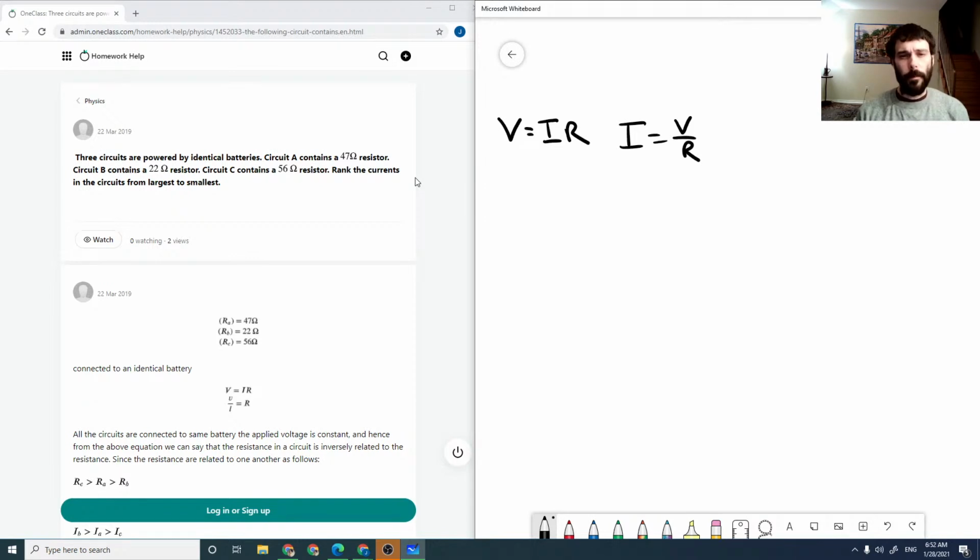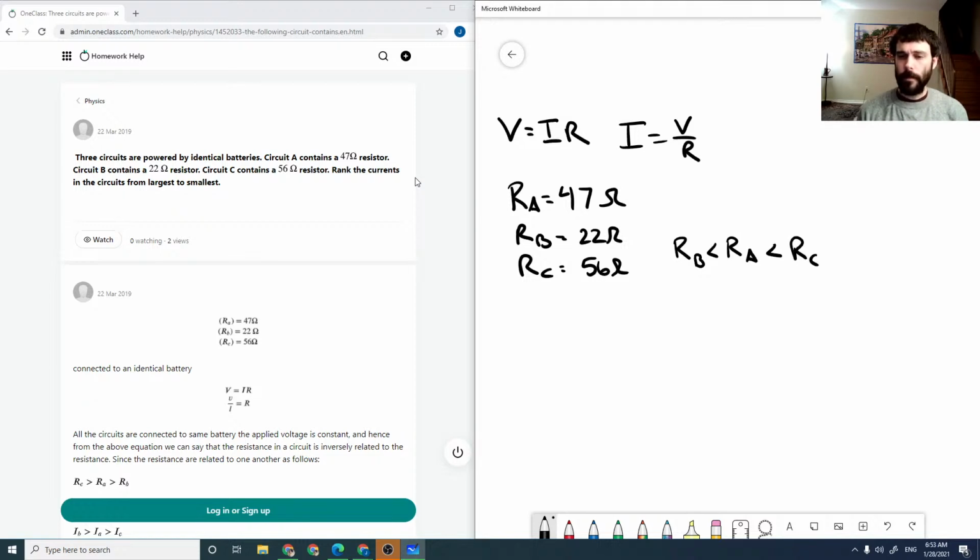So if we have 3 circuits with 3 resistances, so RA is 47 ohms, RB is 22 ohms, and RC is 56 ohms, then these are in the order of RB is less than RA is less than RC, and so then IB is going to be greater than IA is going to be greater than IC.